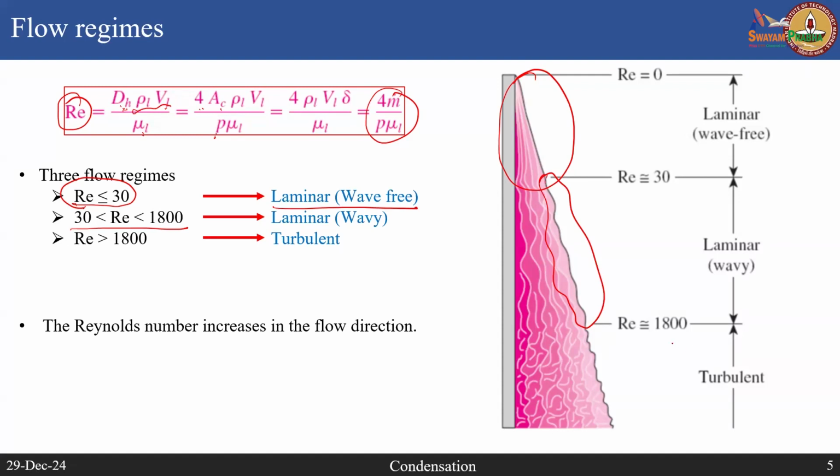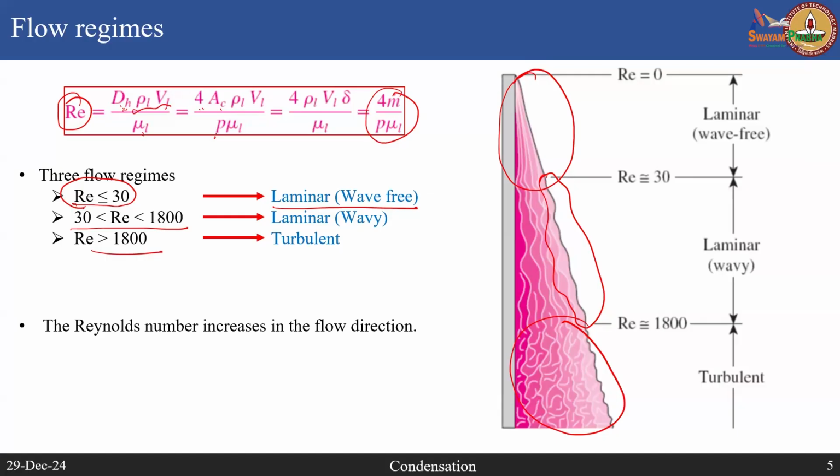And now if you go to very large Reynolds numbers above 1800, you see that there is also turbulence in the fluid, that is in the liquid film you see a lot of turbulent effects, and it becomes a completely turbulent film.